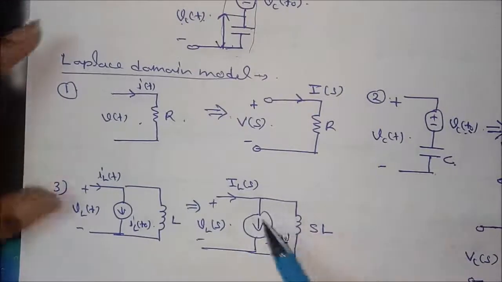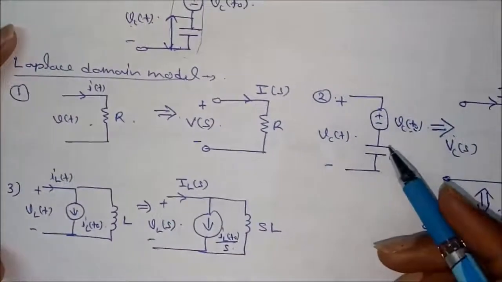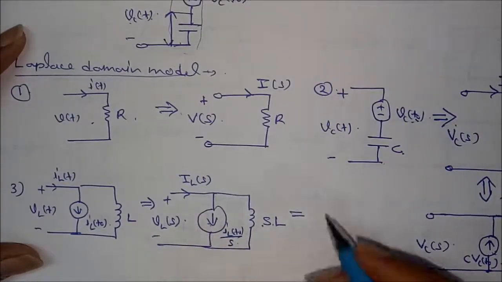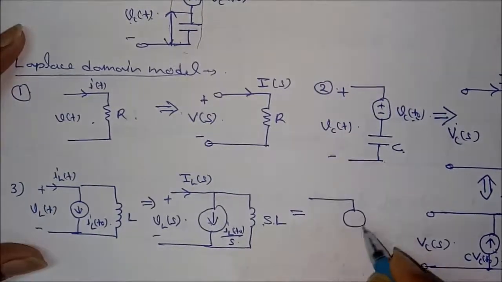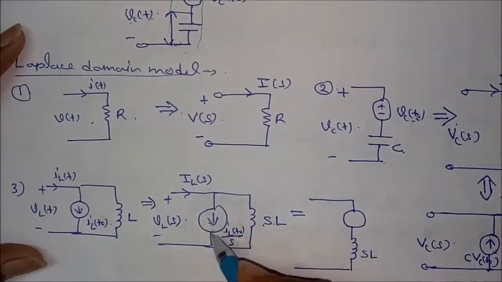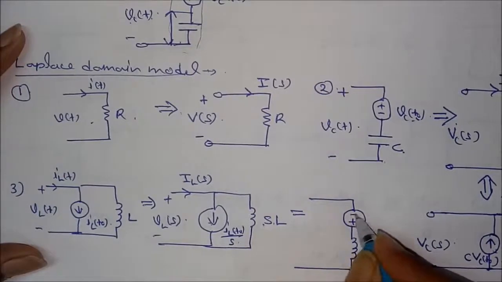Is it okay? Now this is a current equivalent. We can convert it into its voltage equivalent. What do I get by using source transformation? This is a voltage source, and there is an impedance SL. This is the downward arrow direction; this will be positive and this will be negative.